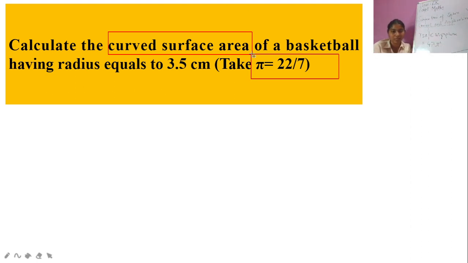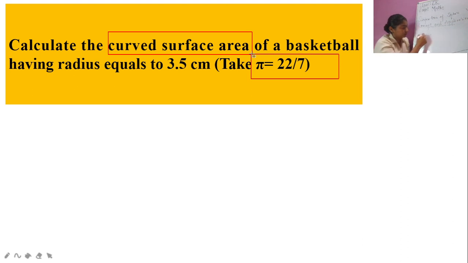Okay, so keep all these things in your mind. This formula remains the same for both curved as well as total. Now substitute all the values, students, and do the task. Yes, so let's do it.